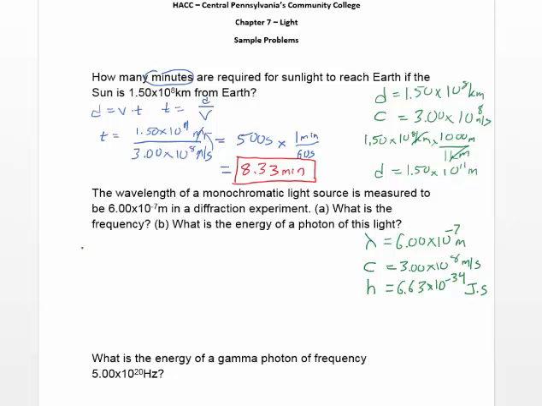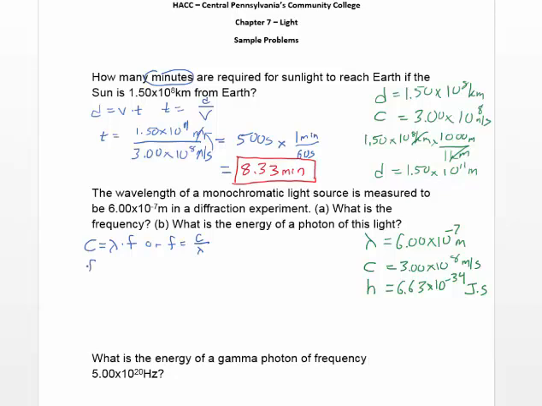So now that we have those, let's do our first section here. First of all, we want to find the frequency. We know that the speed of light is equal to the wavelength times the frequency, or frequency equals the speed of light divided by the wavelength. So we know the speed of light, we know the wavelength, we can now calculate the frequency.